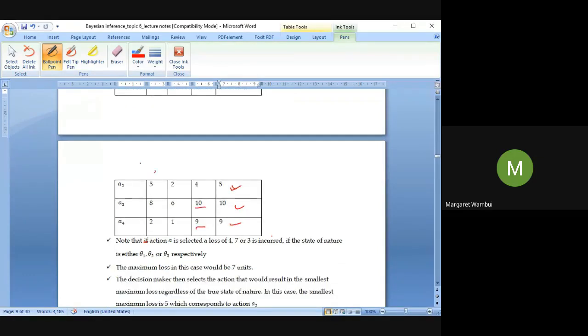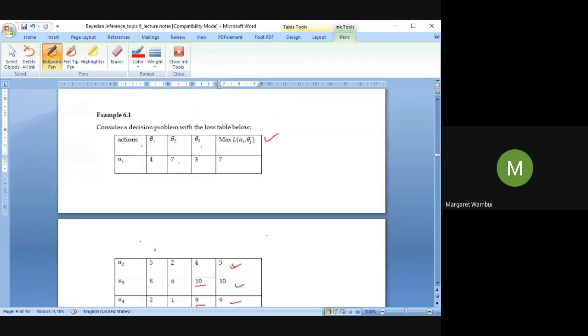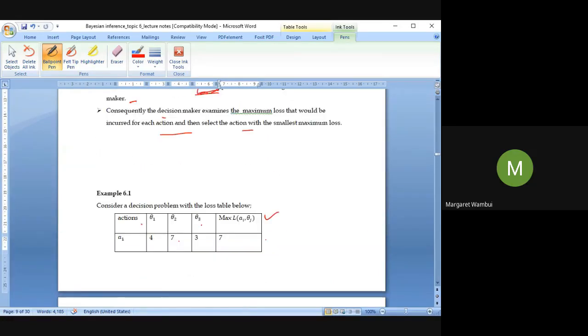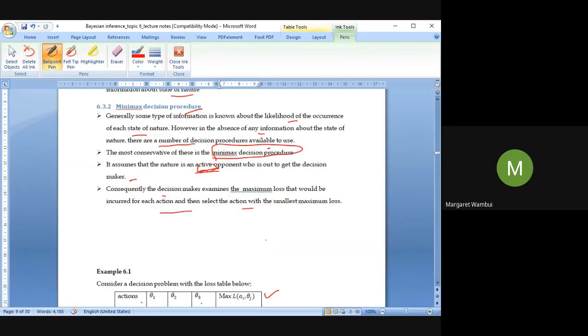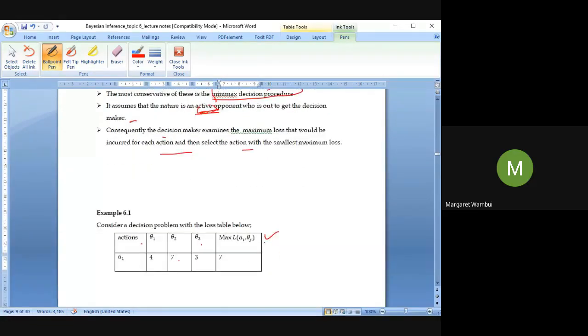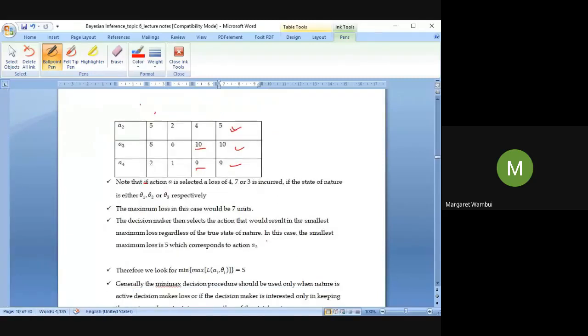So for the very simple method, what we are calling the minimax decision procedure, you select the action that would result in the smallest maximum loss, regardless of the states of nature.